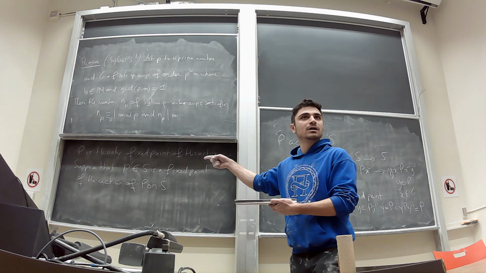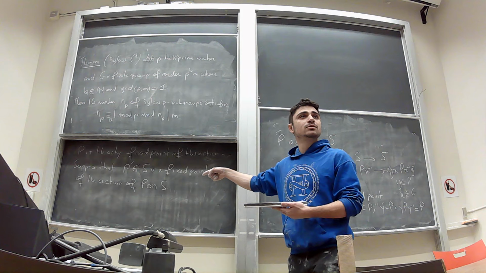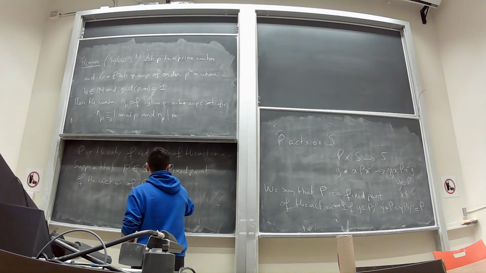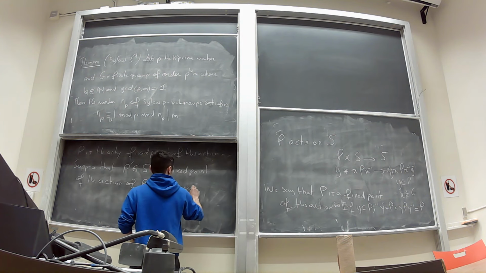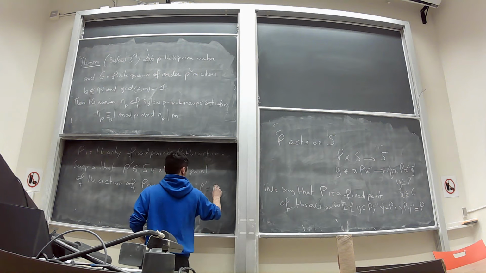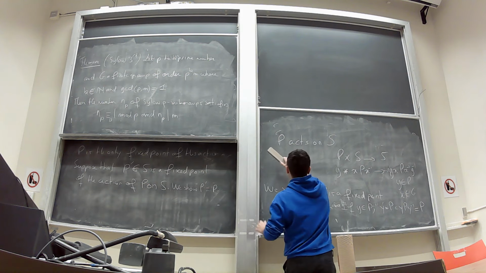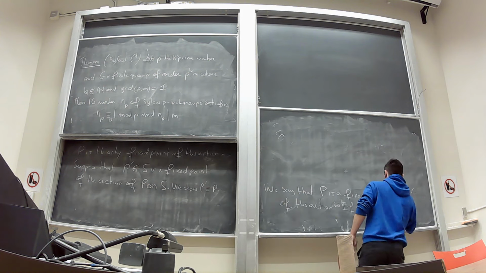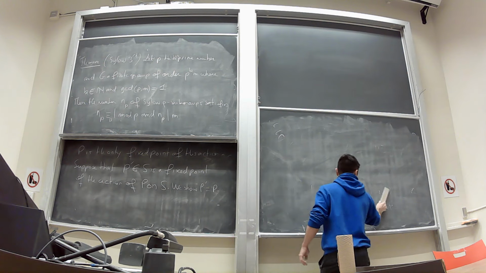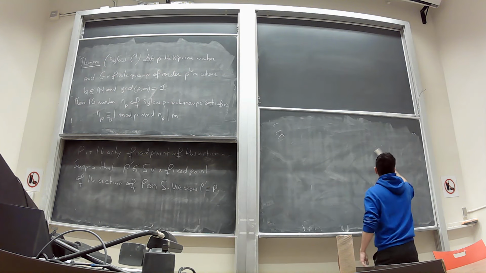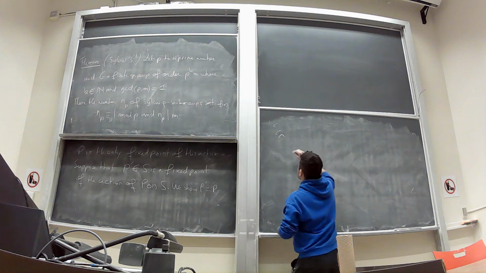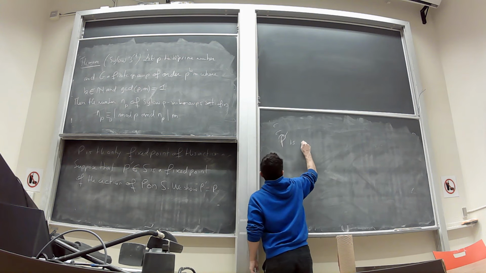So suppose that P prime in S is a fixed point of the action. What do I need to show? I need to show that P prime is equal to P. Now P prime is a fixed point. It means that the orbit of P prime is just P prime.